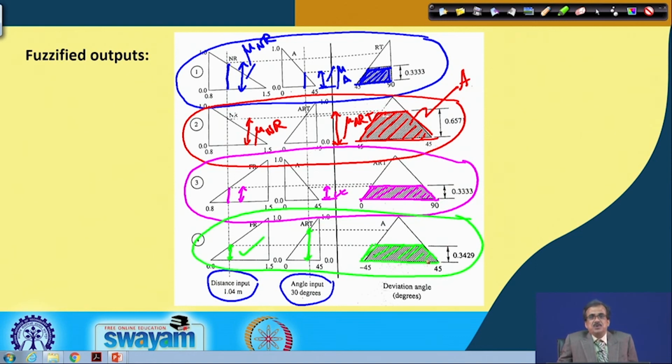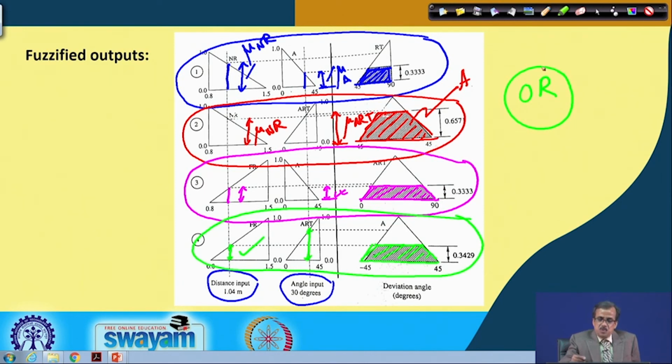So, this is the way we can find out the fuzzified output for each of the fired rules, and after that we will have to use the OR operator to combine all such outputs into one. As I told, this OR operator is the max operator.